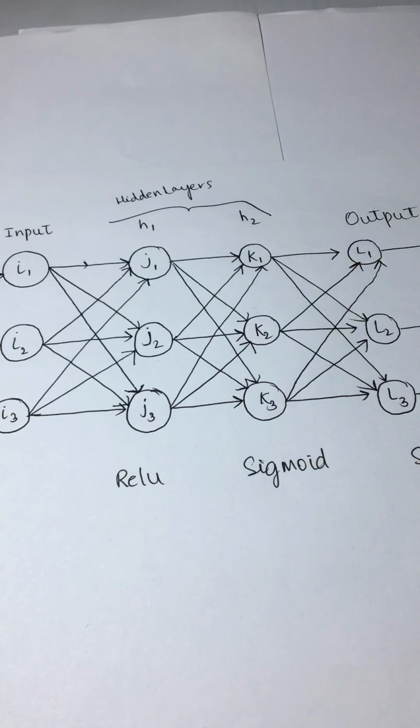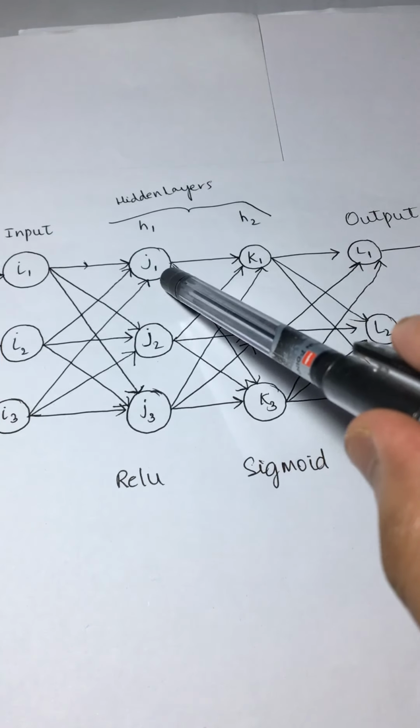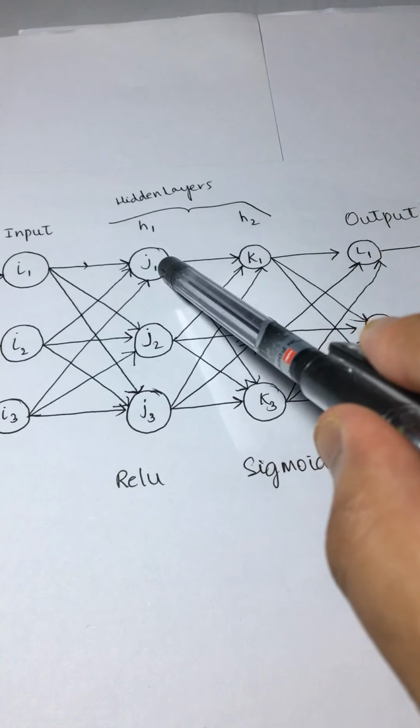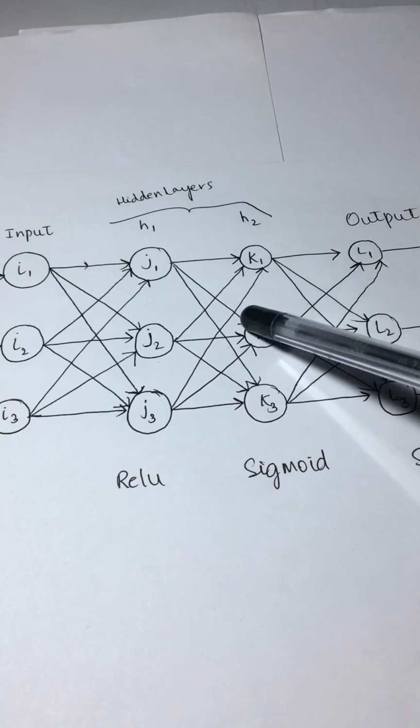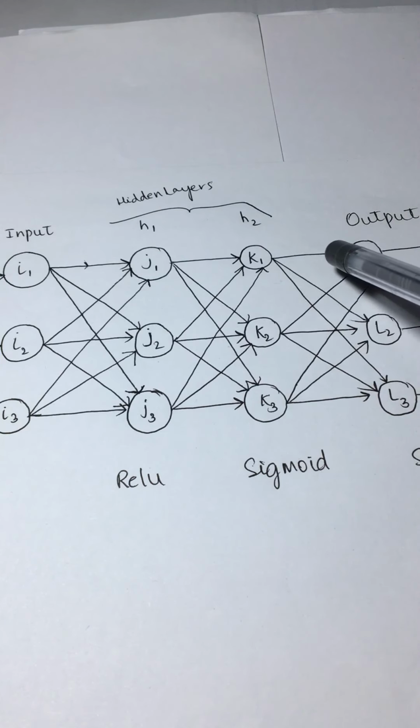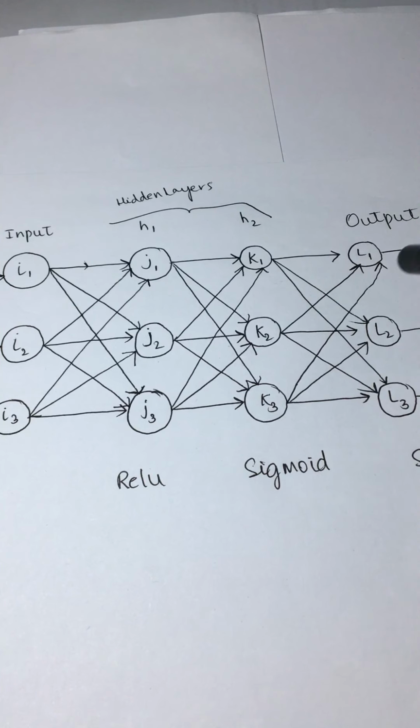So there are connections from node I1 to each of the nodes in the next layer. Similarly, if you look at J1, each node has connections to all of the nodes in the next layer. Similarly, K1 has connections to all of the nodes in the next layer.